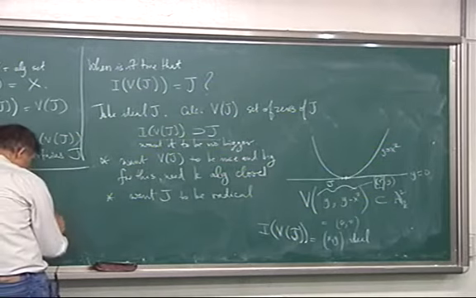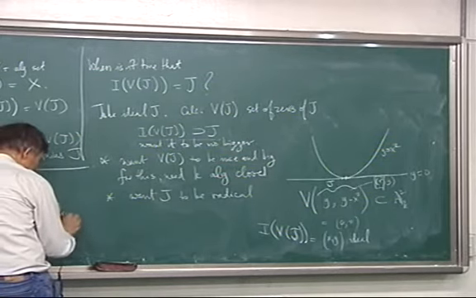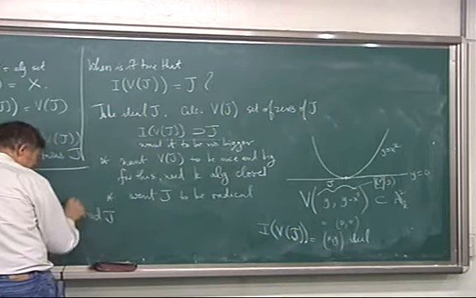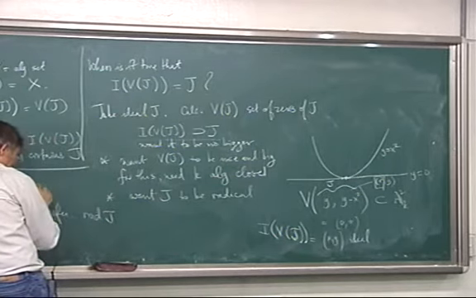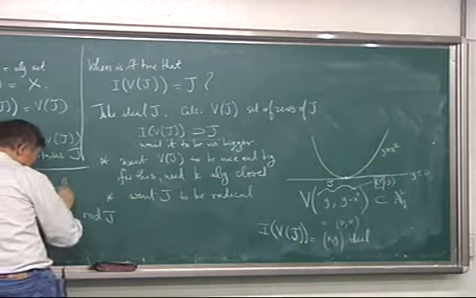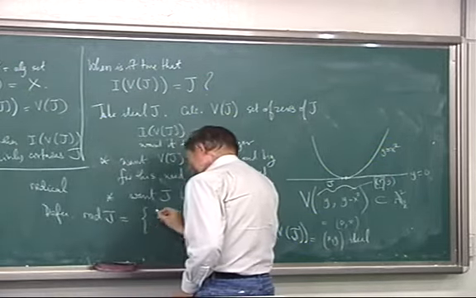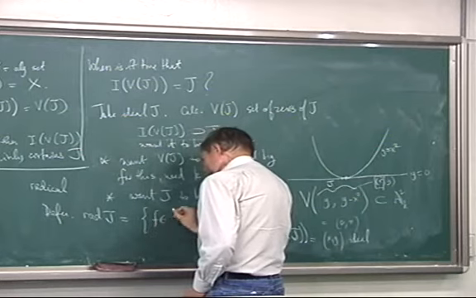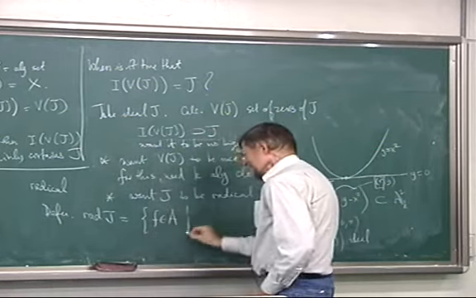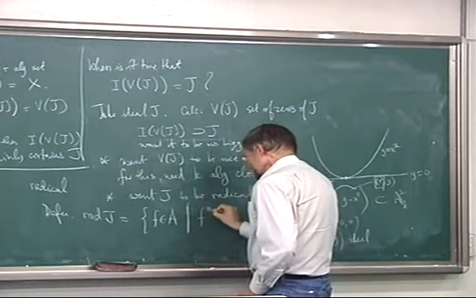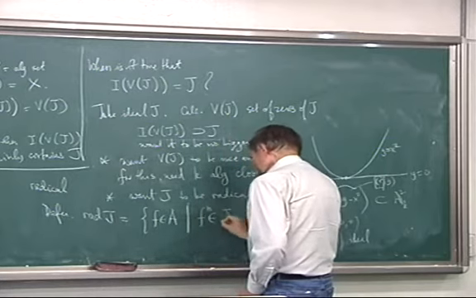So, definition, the radical of J. This is the set of f in the ring such that f to the n is in J for some n.